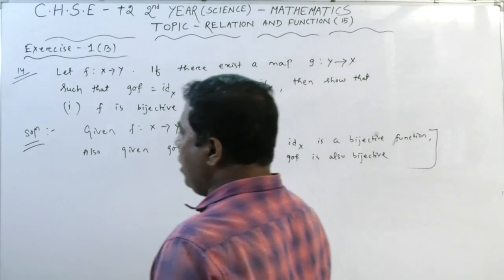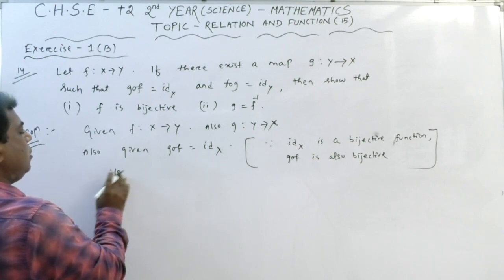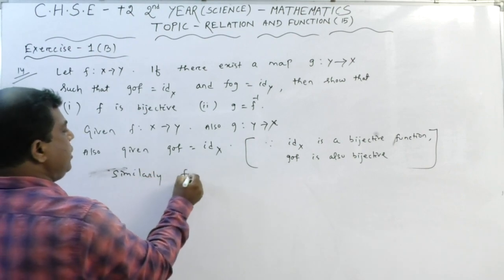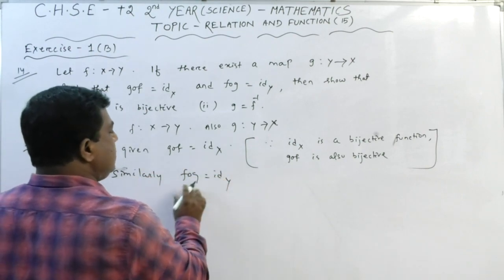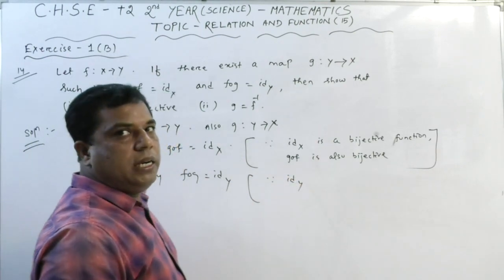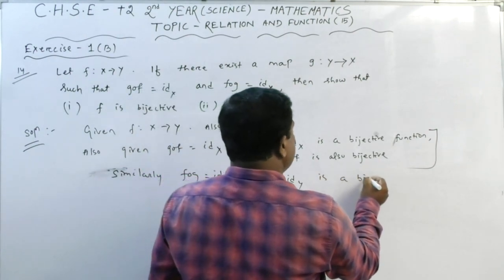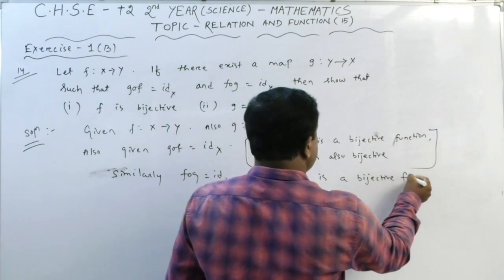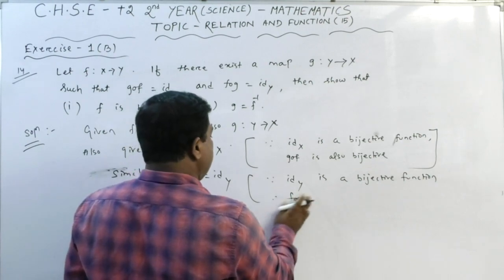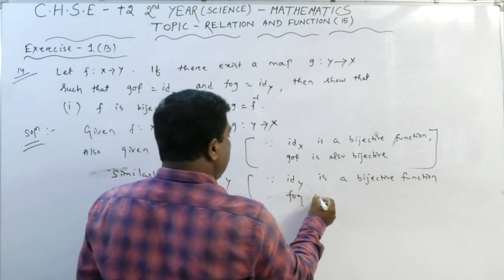Now similarly I can say fog is identity on Y. As these two are equal, and an identity function, whether it is identity on X or identity on Y, is a bijective function, therefore fog is also bijective.